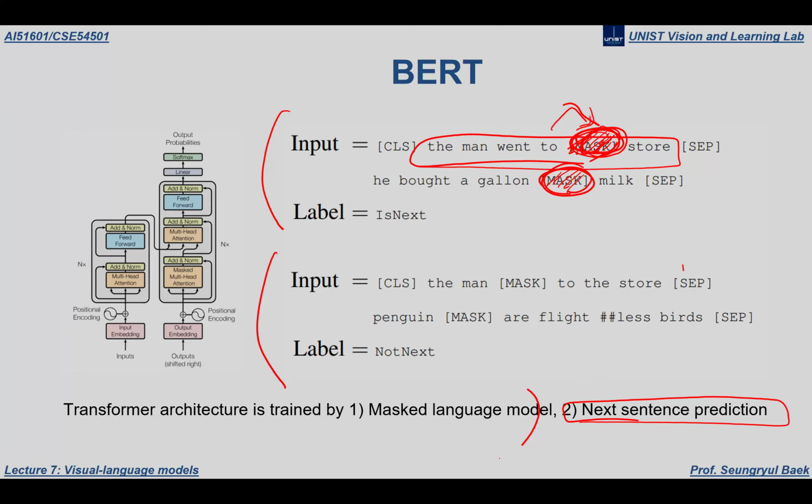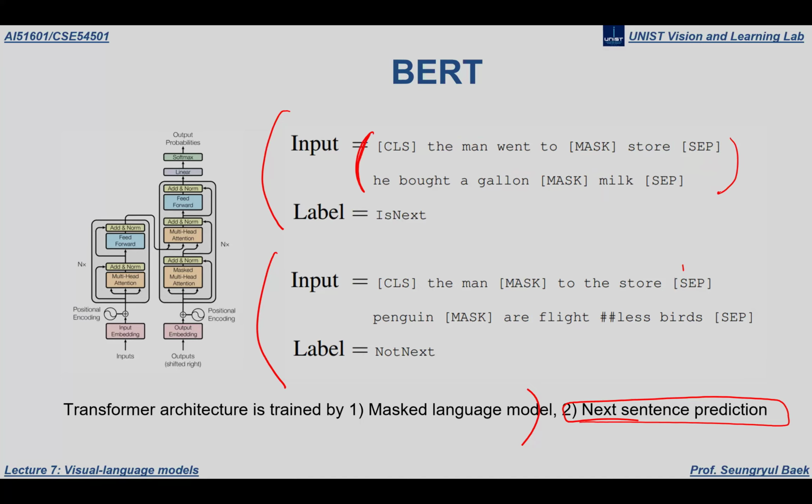The other task is this. They use two sentences as a basic unit. If those two sentences come from the same paragraph, originally in a nearby context, we make their label is next.